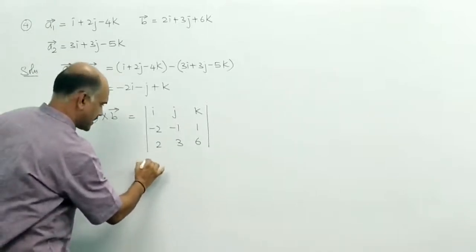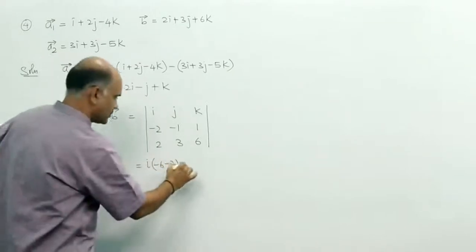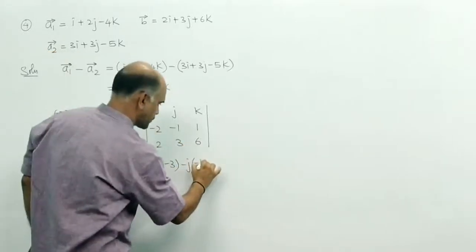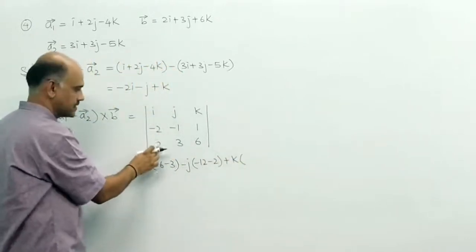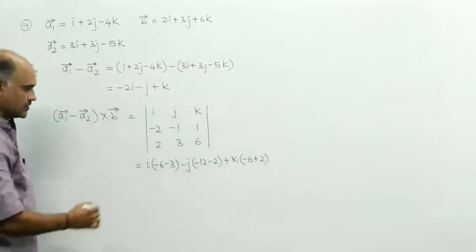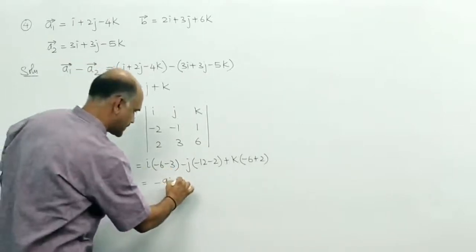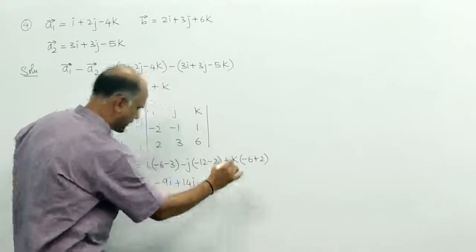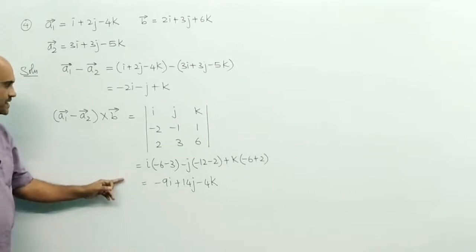So if you expand, i into bracket minus 6 minus 3, minus j into bracket minus 12 minus 2, plus k into bracket minus 6 plus 2. So this is equal to minus 9i plus 14j, and minus 6 plus 2 is minus 4k. So you will have minus 9i plus 14j minus 4k.